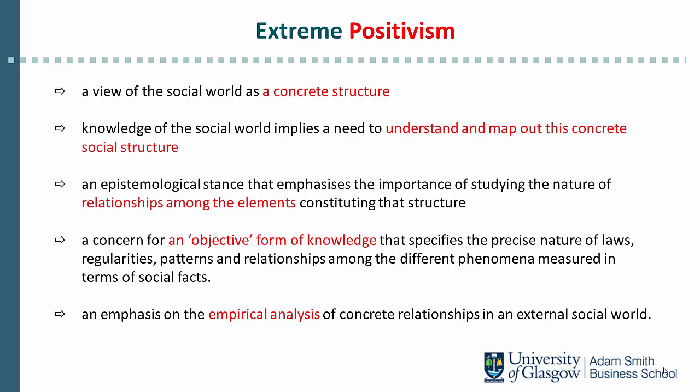If you remember in our introduction to research, when we looked at that theory of motivation and those many concepts and variables linking within that theory, a theory such as that one is representative of the logical structure of a positivist research philosophy. Positivists indeed concern themselves with knowledge which is objective, which specifies the precise nature of laws, regularities, patterns, relationships measured in terms of social facts.